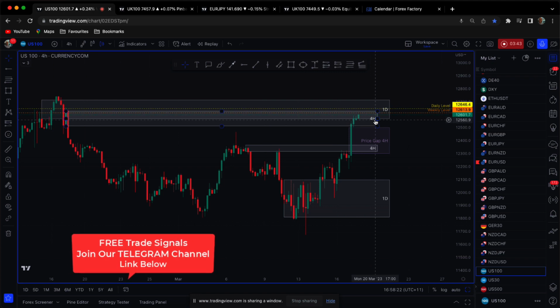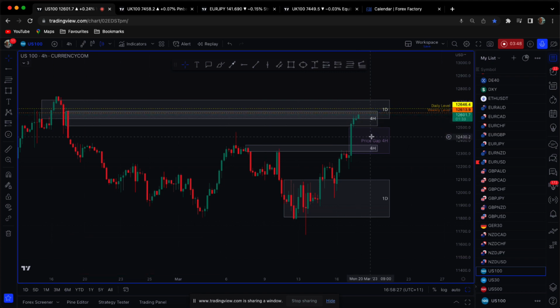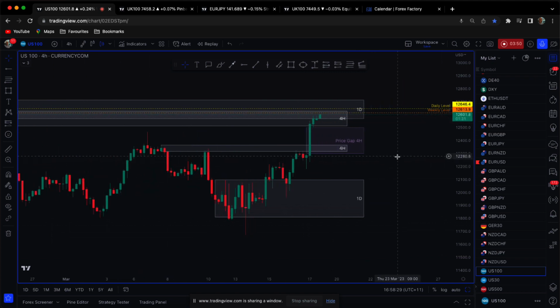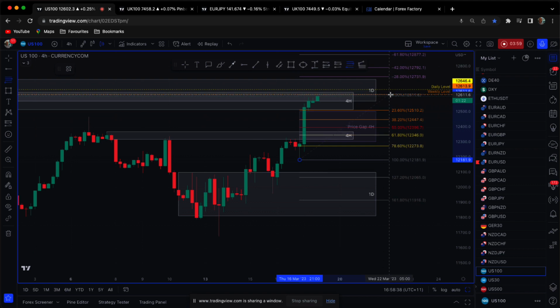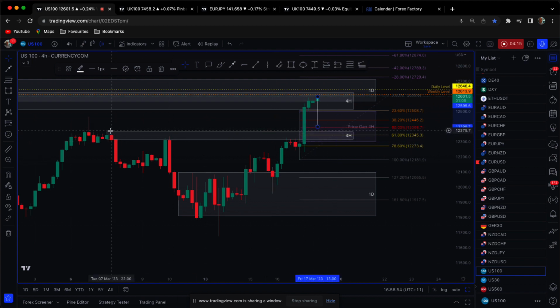All right, so we have resistance, this imbalance, and my question is, does this look to trade back down? If we pick up this low to high on the fib, it kind of coincides with even the 50% here, but the 61.8 to 78.6 fib zone. I'm going to be looking for a move back down through this level here, down to at least the high of this bearish order block here, something like that.